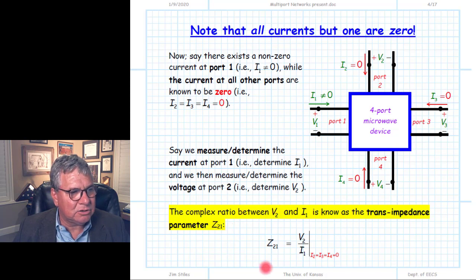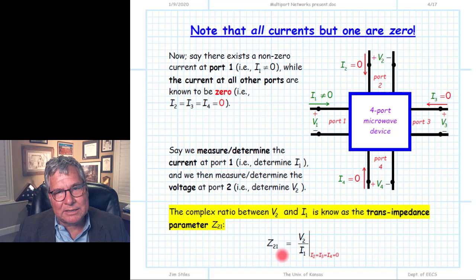So this is our trans-impedance parameter Z21. Again, students flub this because they say, oh, Z21 is V2 over I1. No, only when all of the other currents, I2, I3, and I4, are equal to zero is this true. If we have a situation where I1 is non-zero, but let's say also I3 is non-zero, sure, we'll have a voltage of V2, and we can take the ratio of V2 to I1, and we get a complex number, but that complex number will not be equal to Z21.